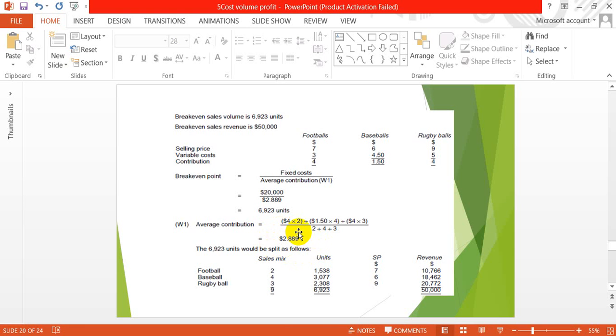We now have the average contribution, so we can divide the fixed costs by the average contribution to give us the break-even units total of 6,923 units required of the combination of the footballs, baseballs, and rugby balls for us to break even.